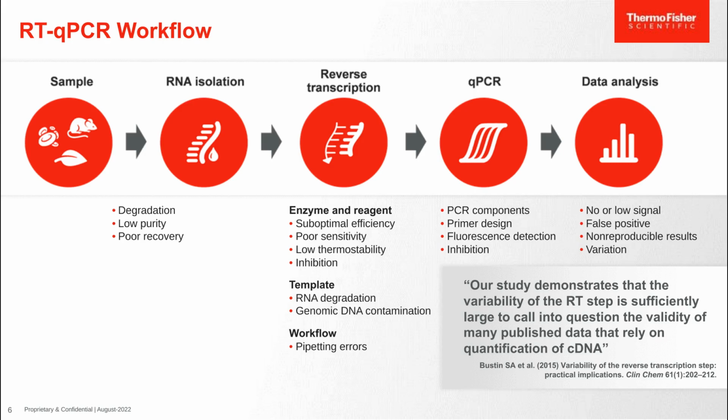And as pointed out in this paper referenced here on the right hand of the screen, published by Bustin and the team, the quality of reverse transcription plays a significant role in achieving high accuracy for RT-qPCR results. Very commonly, poor and inaccurate RT-qPCR data actually arise due to a suboptimal setup.